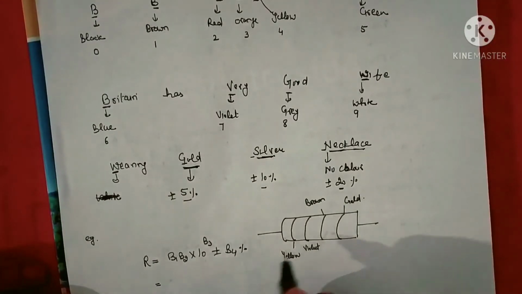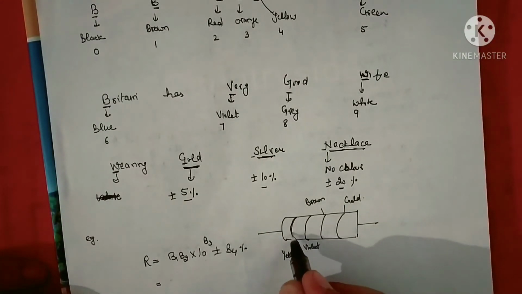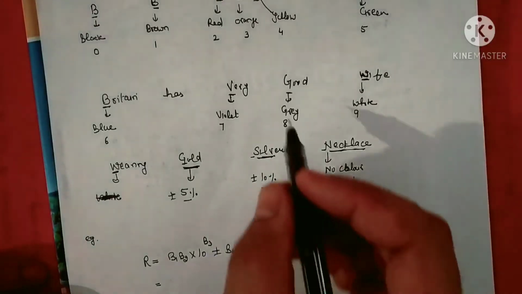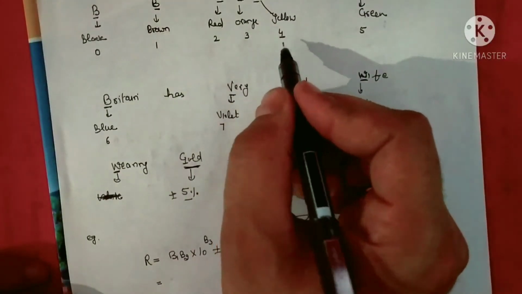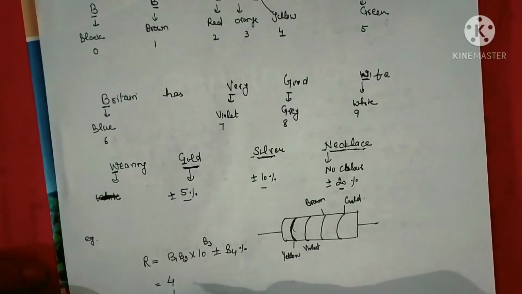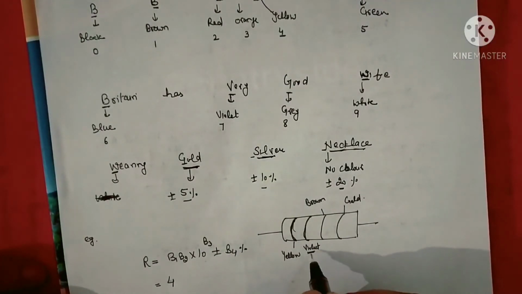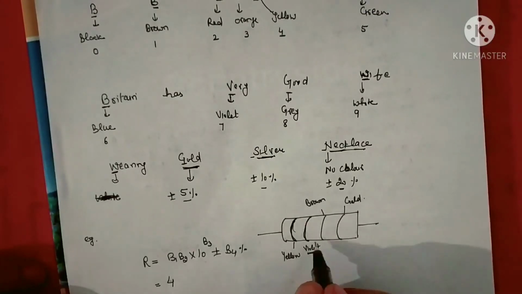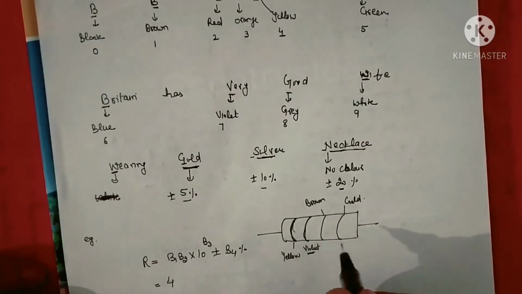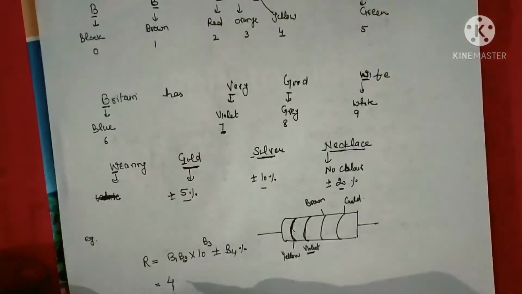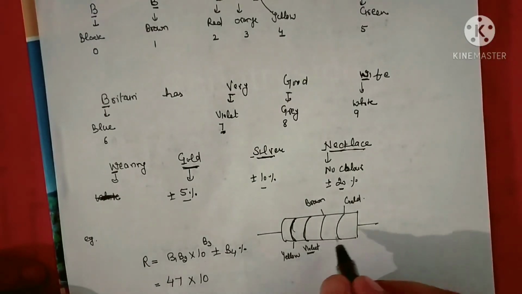So now the first band is of yellow, and according to the yellow color here we have 4. Then we write here 4. Second color is violet. The violet stands for the second band. The violet color having the coding, you see here 7, into 10 raised to power B3.